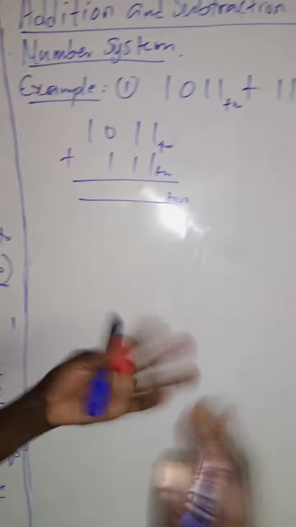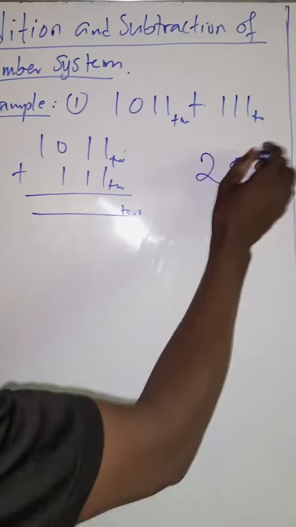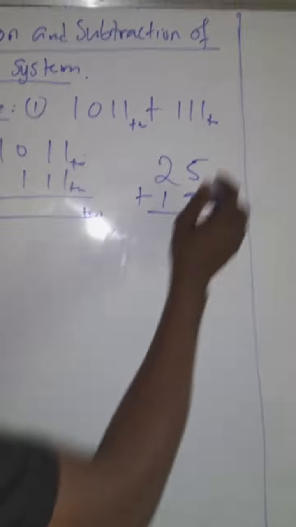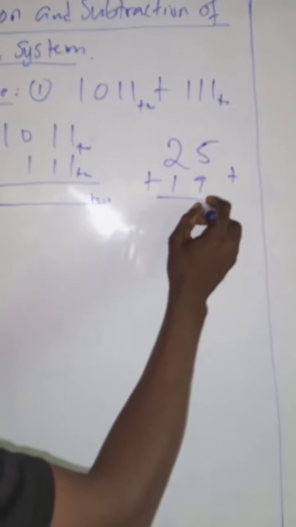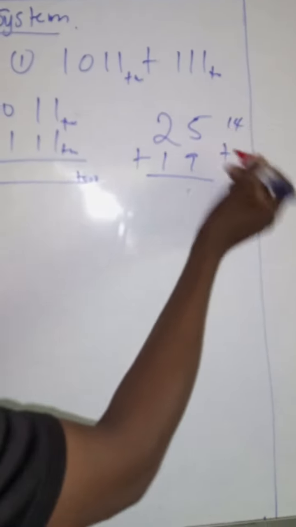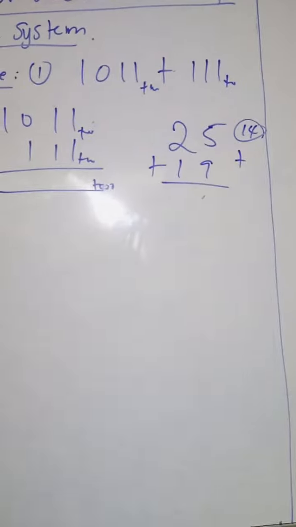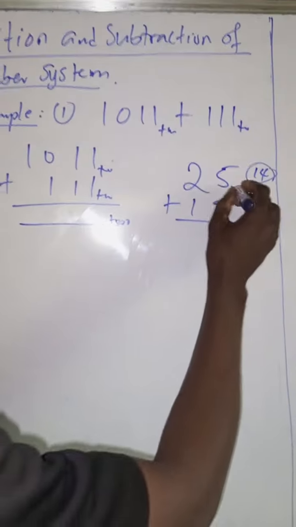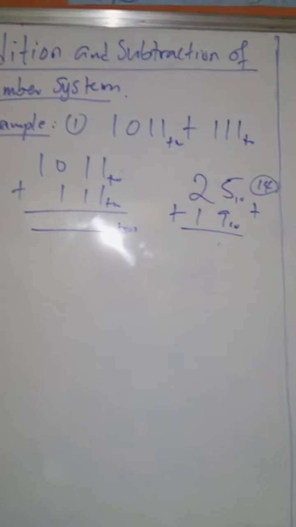Let's go to our normal numbers. We say 28 plus, let's say, 19. When we add this one, it gives us 14. Then we don't write all the 14 down because our natural numbers are in base 10. All the numbers that we use are base 10.